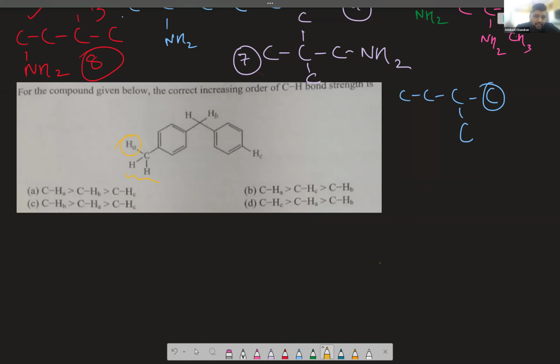Now, as far as hydrogen B is concerned, even that is on an sp3 carbon. But when I get a free radical here, like let's say if I'm breaking it down and you end up getting a dot here, or a dot here, or a dot here, I have to look at what exactly is the stability of these. Whenever the stability of the product is low, what I'm going to, so first, after removing this is what I'm saying, right?